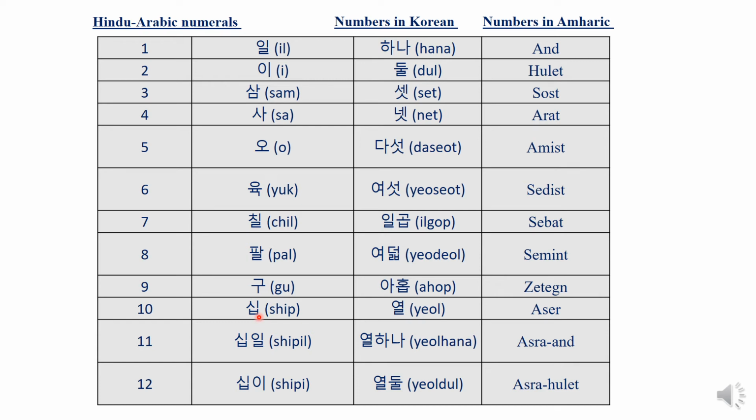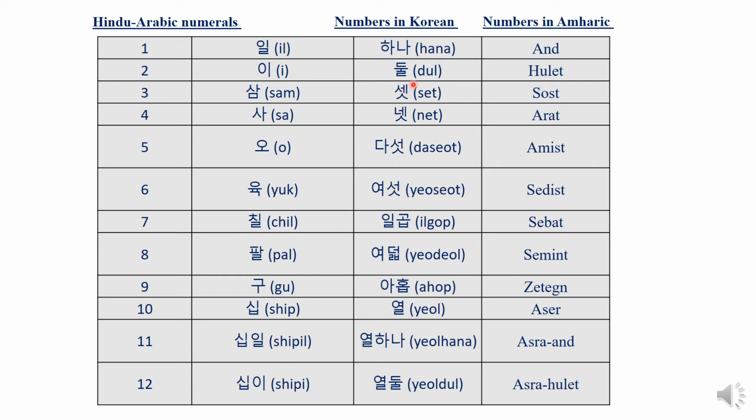For example, if you want to say 15, in this case, you should take 10 first, ship, and then go for 5 here, o. 10 plus 5, that is ship o. So you can practice like that. It's very easy.